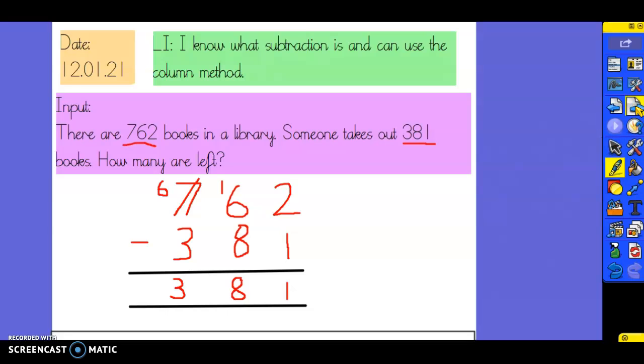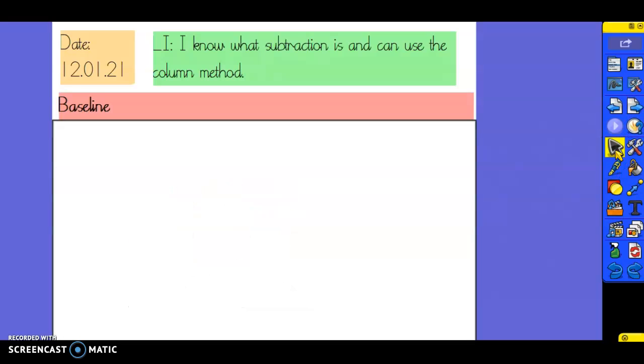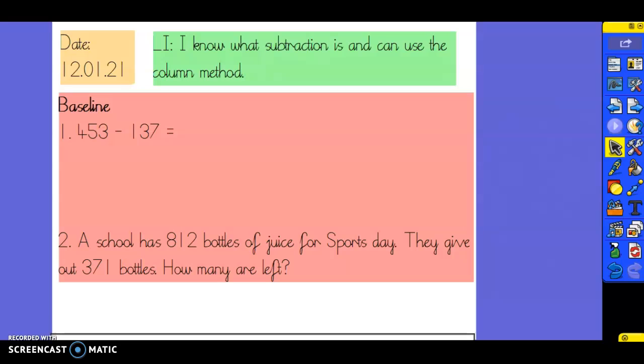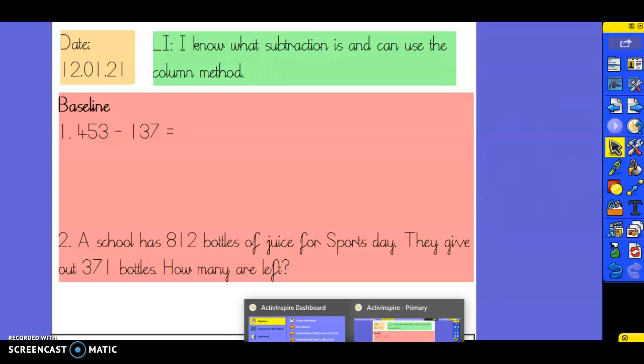Excellent work. Right. Now, time for our baseline question. Have a look at these two questions. I'd like you to pause this now so you can have a go at these two questions yourselves, and we will go through our answers together in a moment.